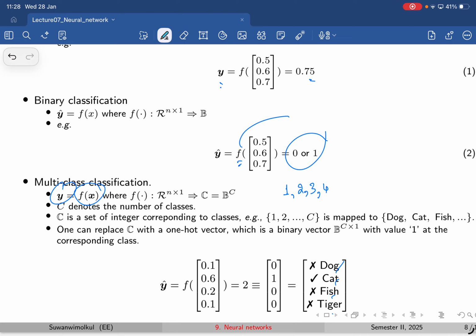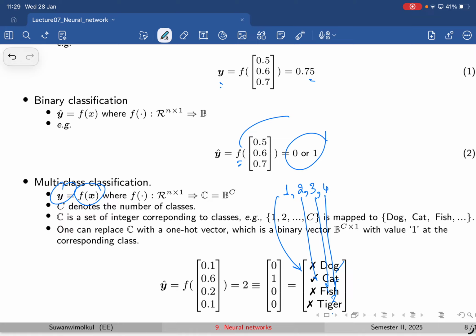Each integer is mapped to each class. That is possible as well. But the thing is, if we cast our output like this, there could be problems, because our output will become an integer value. And with that, you kind of need integer optimization to do the gradient and the model parameter learning.